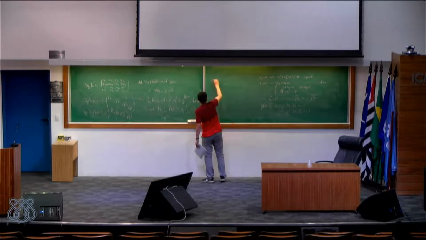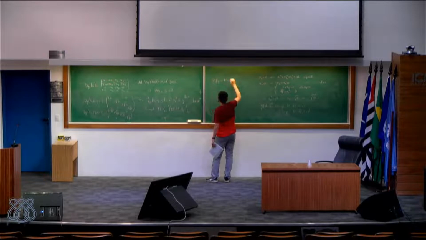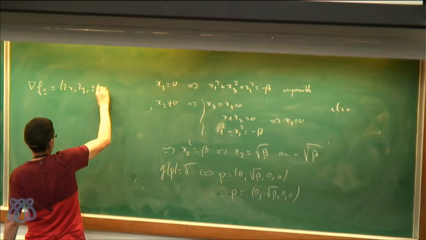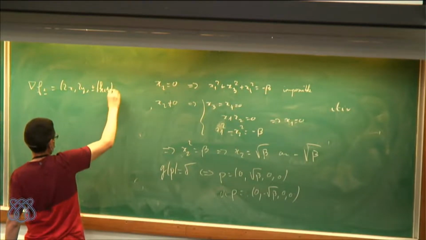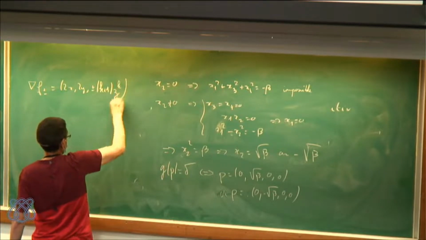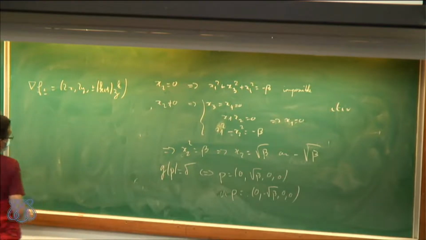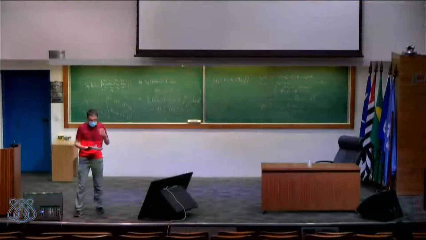So this is 2x, 2y, and plus or minus (k plus 1) times z to the k. So what is the degree? First case, there is an easy case. So what is the easy case?